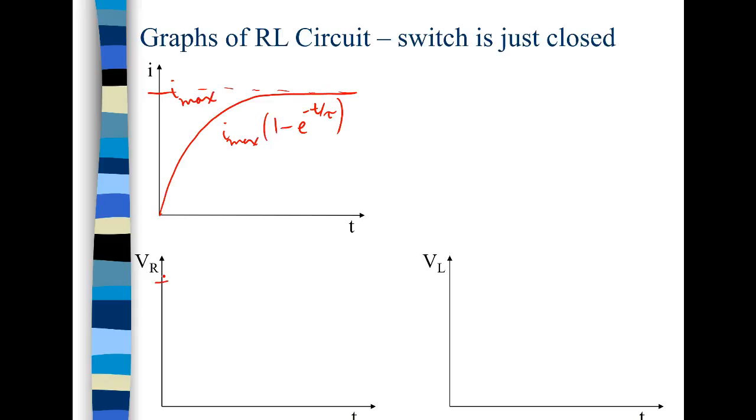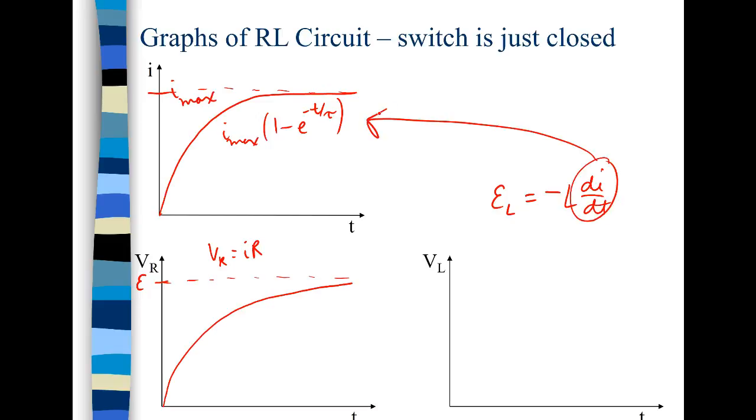Now, VR, the voltage across the resistor, is going to be basically the same, because VR is equal to I times R. So you take whatever the current is, multiply it by resistance, and it'll have the same shape as the current graph. But the voltage across the inductor is going to be different, because that, as we talked about previously, is negative L di dt.